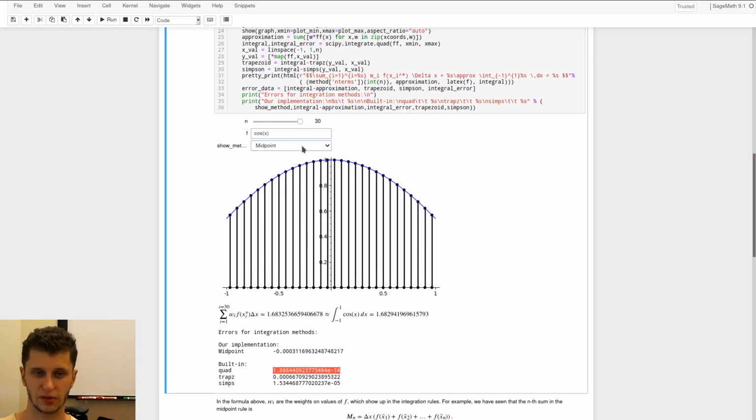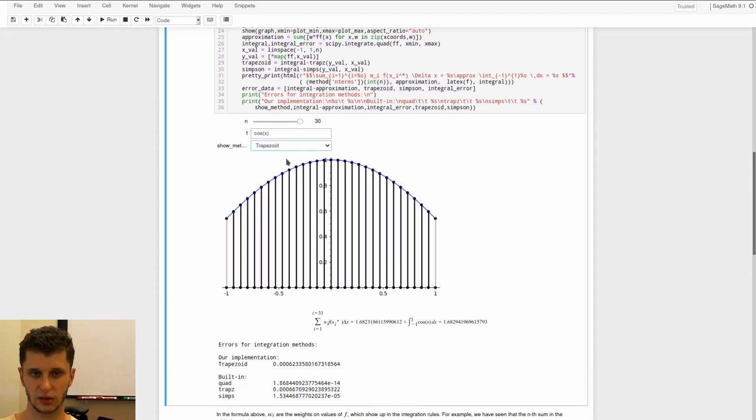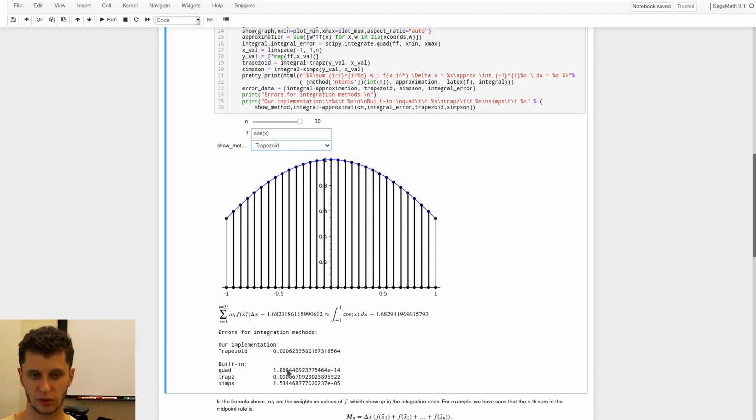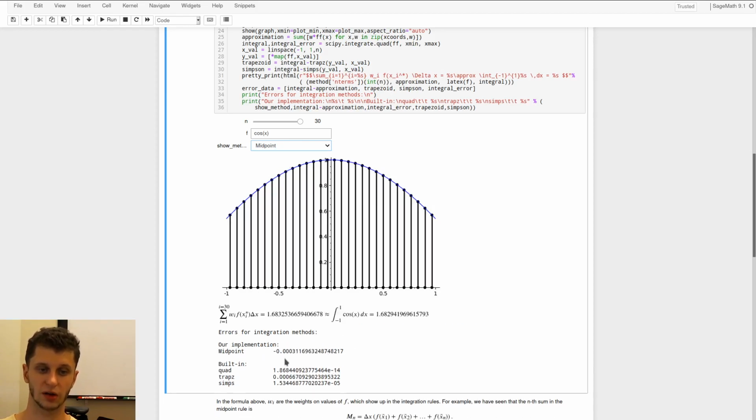Right, so as you can see, the errors for trapezoidal and midpoint rule are indeed related by this ratio of 2. So the trapezoidal rule error is about 2 times larger than the midpoint rule, and it has the opposite sign. The midpoint rule in this case has a negative sign, the trapezoidal rule has a positive sign.